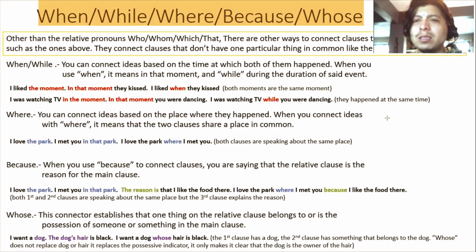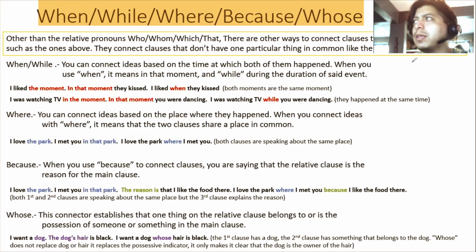Now, these are not relative pronouns. Remember that when you have a pronoun, what is the meaning of a pronoun? Pronouns replace nouns.